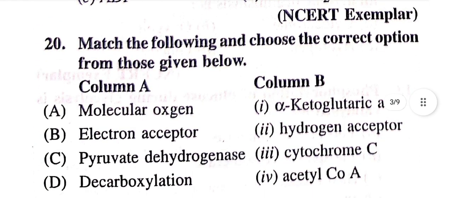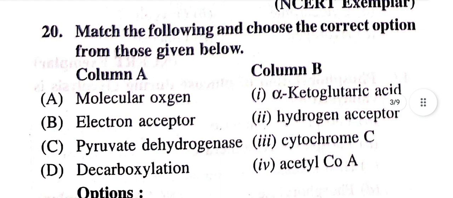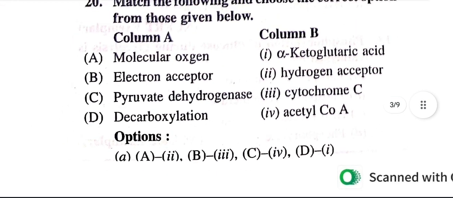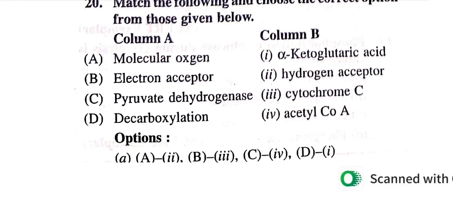Then question number 20, match the following and choose the correct option from those given below. Column A: molecular oxygen, electron acceptor, pyruvate dehydrogenase, decarboxylation. Column B: alpha ketoglutaric acid, then second, hydrogen acceptor, third, cytochrome C, and 4, acetyl coenzyme A. And the options are: A is A2, that means molecular oxygen, hydrogen acceptor.